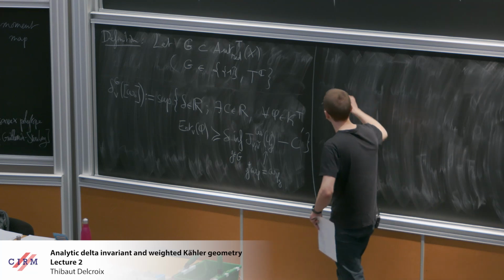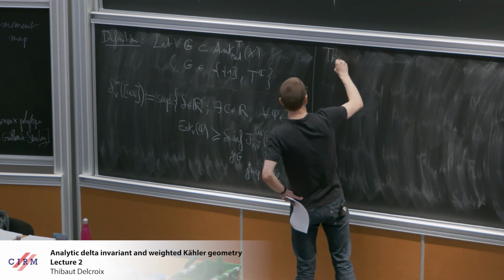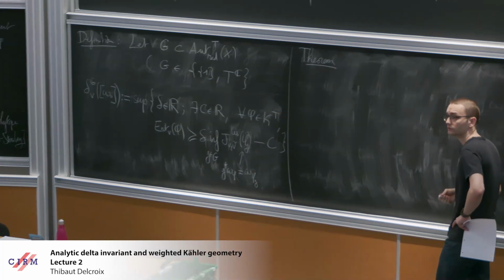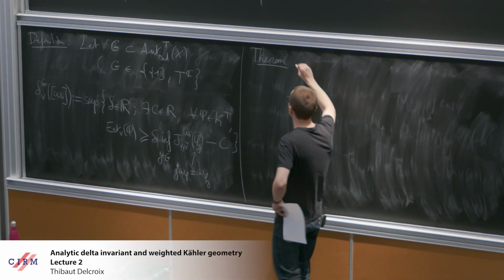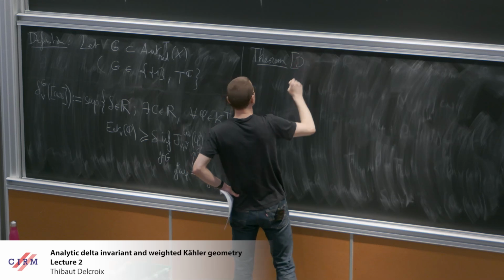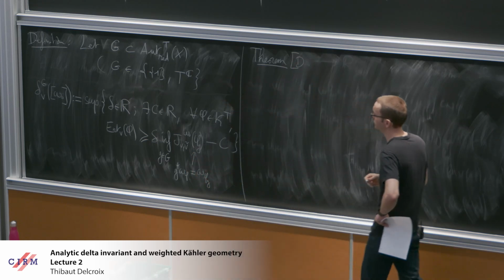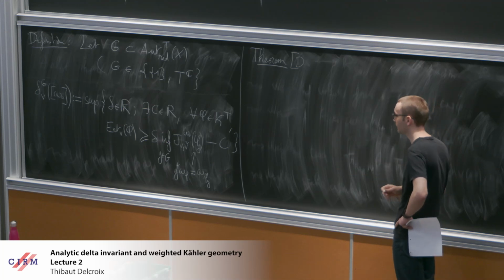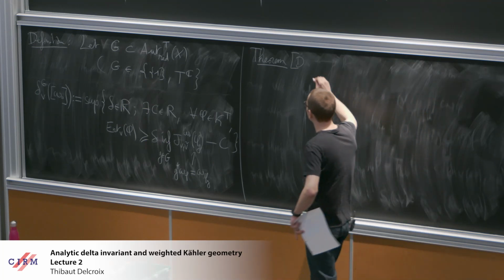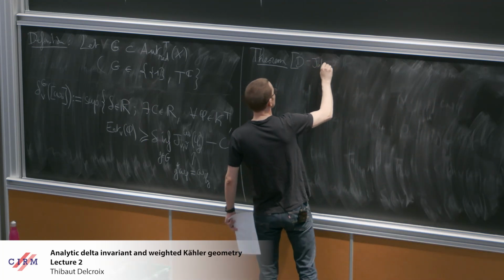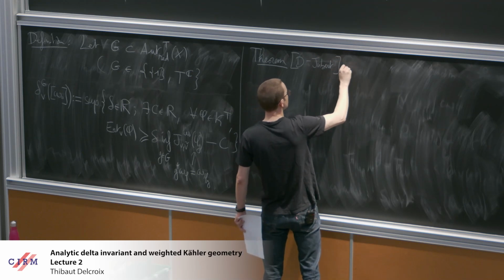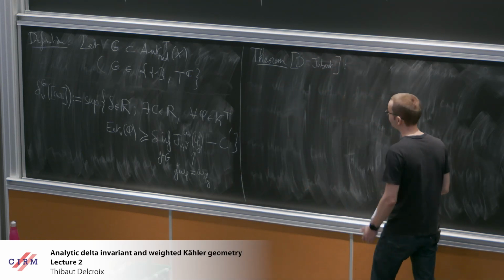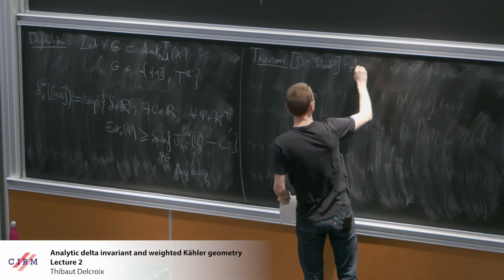Why is this the right definition? Because we have a version of the theorem from yesterday, Zhang's characterization of existence of solitons of Kähler-Einstein metrics in terms of the analytic delta invariant. Now we can do this for weighted solitons. But we need something.